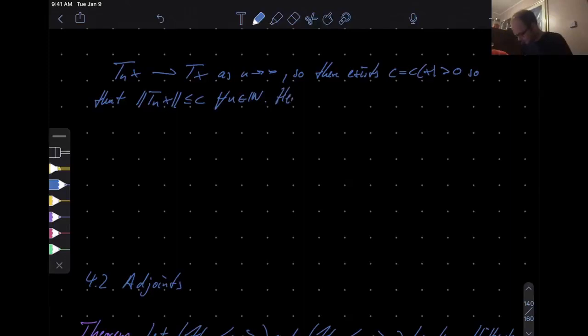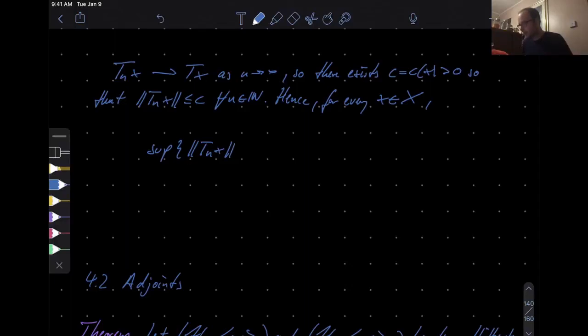Hence, for every point x in the domain space capital X, the supremum of these Tn x is finite.